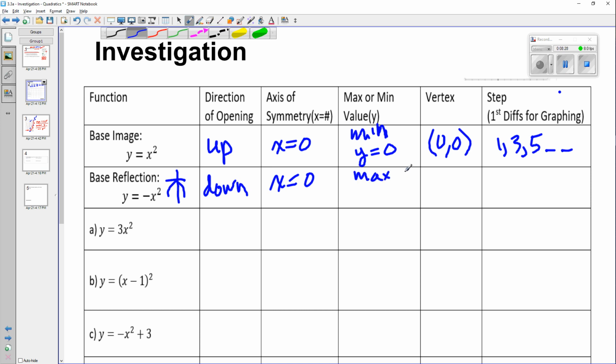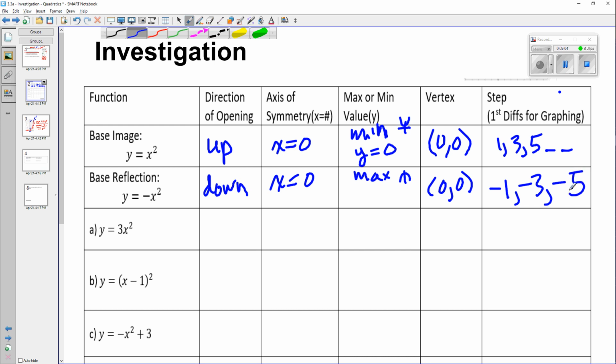Because it opens down, we can say it's a maximum. And this one, because it opens up, is a minimum. And this is 0, 0. When we do the differences, guess what the steps are for a parabola opening down? It's not 1, 3, 5. It's actually -1, -3, and -5.